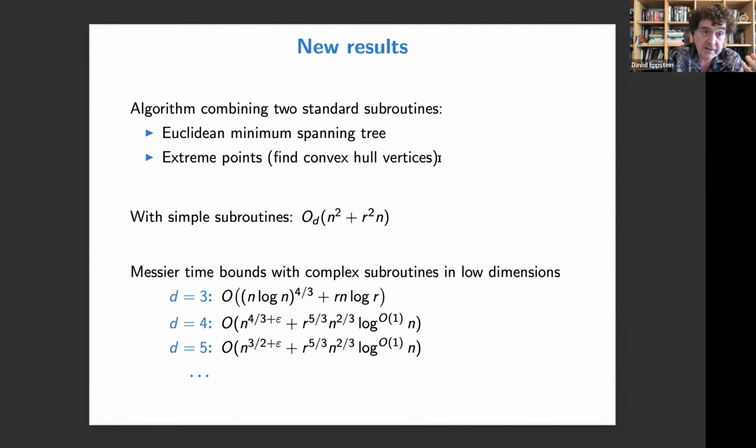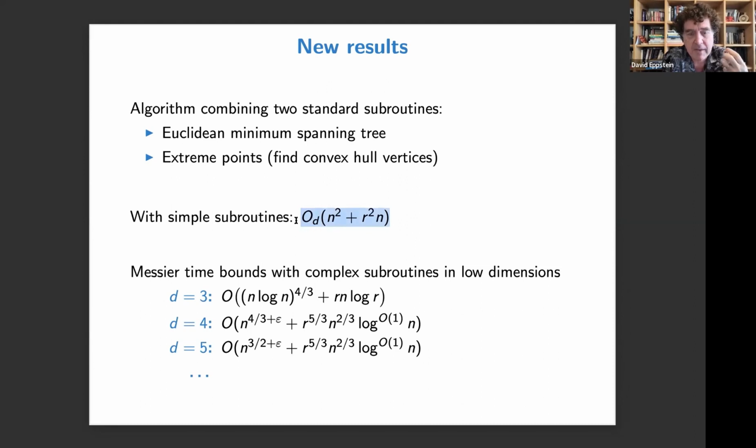Now this paper was in SOSA, the Symposium on Simplicity in Algorithms, and time bounds like the ones down here don't look like very simple algorithms. And they're not. But these time bounds up here are.